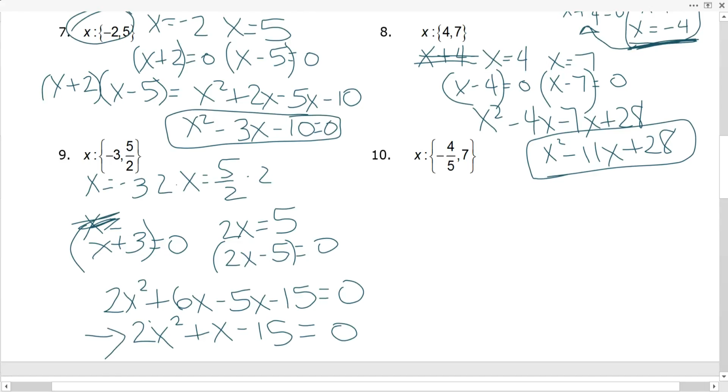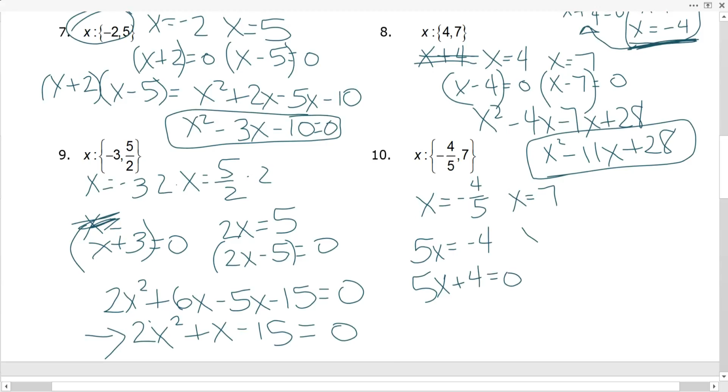And like I said, my leading coefficient is not 1. All right, last one. X equals -4/5. X equals 7. I'm going to multiply both sides by 5, so I have 5x equals -4. 5x plus 4 equals 0.